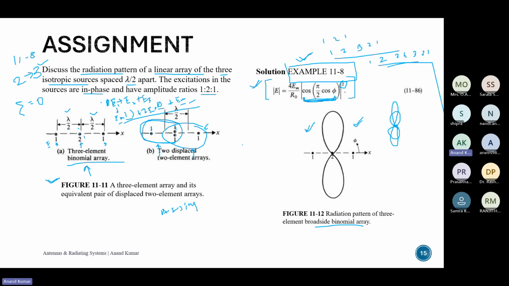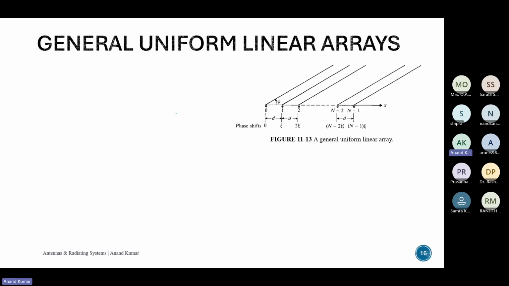Okay, so no questions. We'll move forward. We are halfway through. We'll now start with general uniform linear arrays. Till the previous slide we were just discussing two element arrays, and now from the discussion of two element arrays, we'll generalize to general uniform linear arrays.